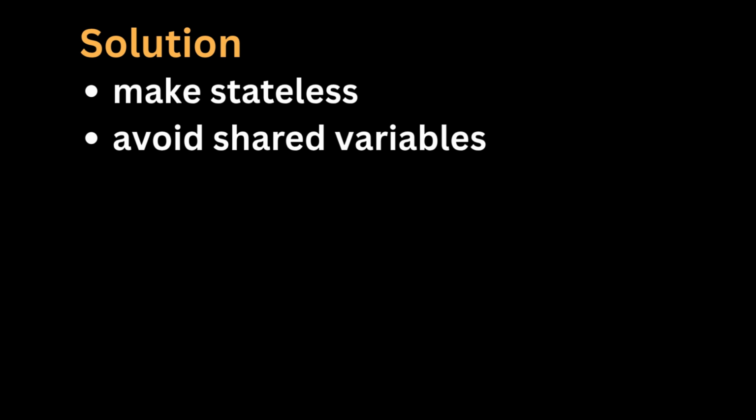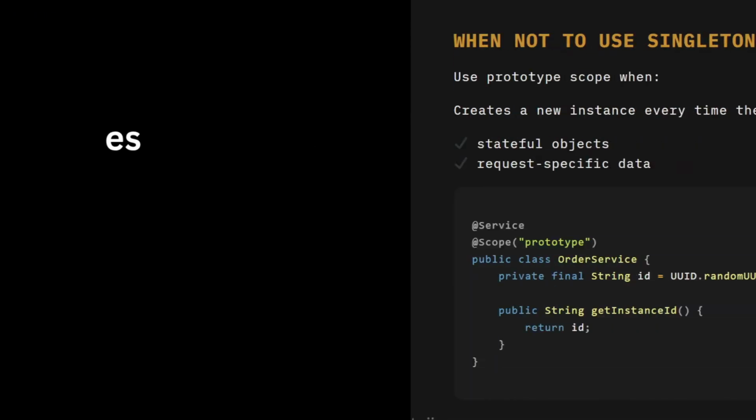The solution is to make your singleton objects stateless and avoid shared variables, because Spring uses singleton by default for performance and scalability, but it assumes your beans are stateless.